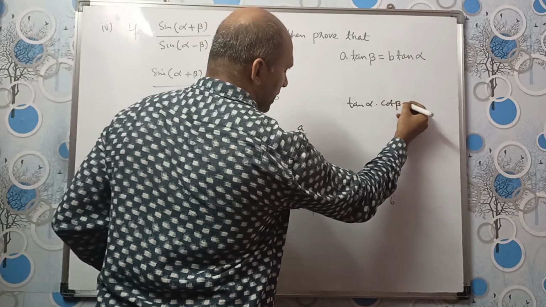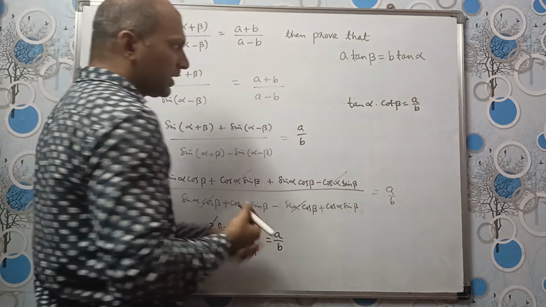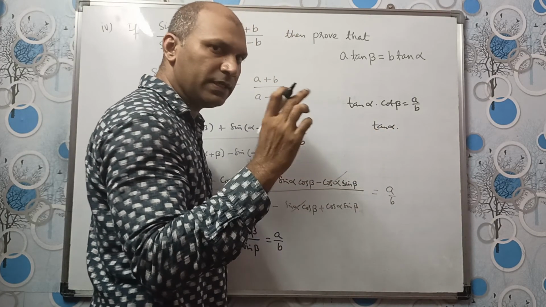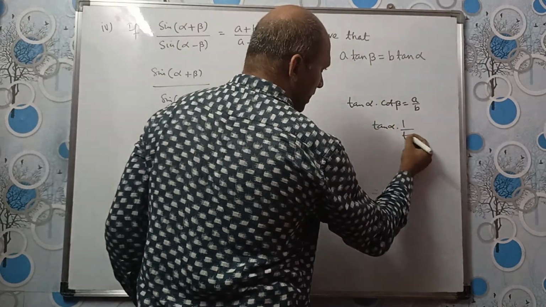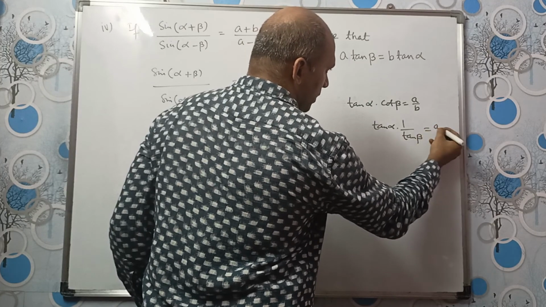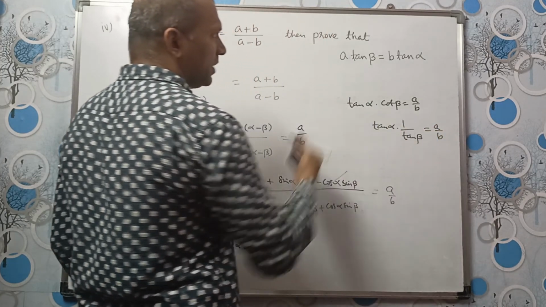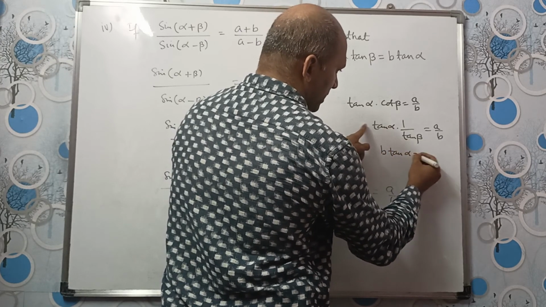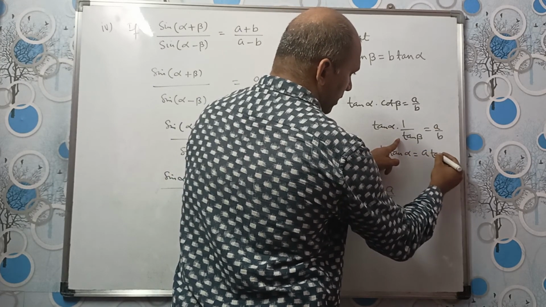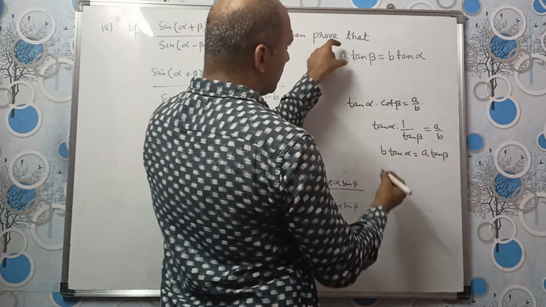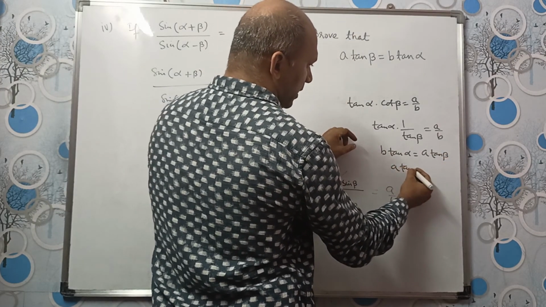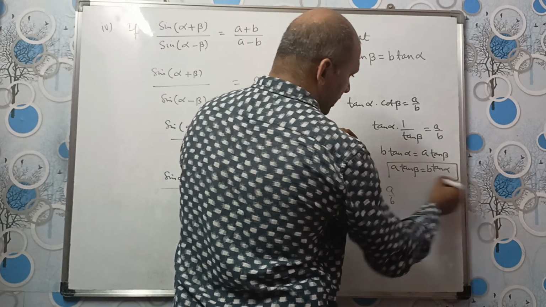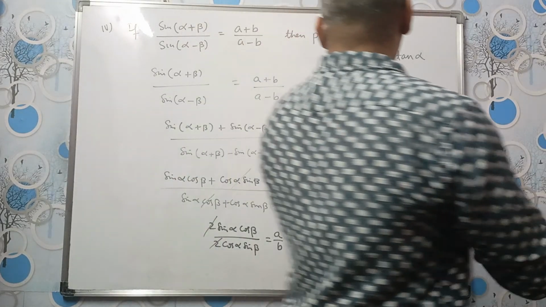So this is cot beta is equal to a by b. Can we write cot beta as 1 by tan beta? Yes. So this is 1 by tan beta is equal to a by b. If you cross multiply, b will come this side. So this is b tan alpha is equal to a tan beta. We got the same thing, right? It is a tan beta is equal to b tan alpha. We needed to prove this. Okay, we got that.